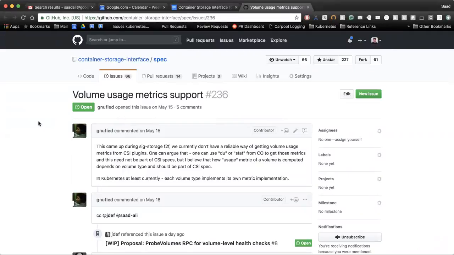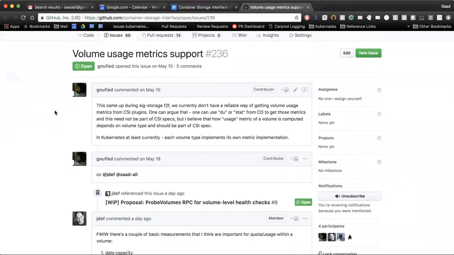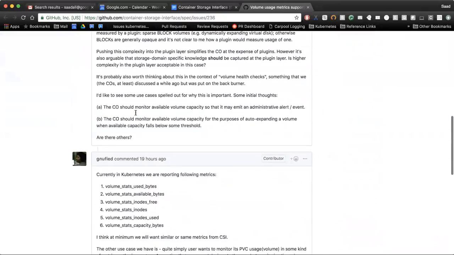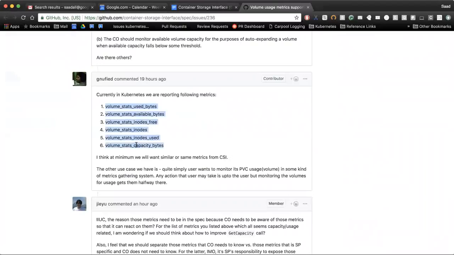I think the metrics that we are most interested in from the Kubernetes side are basically capacity stats: how much used, how much free, what the total capacity is for a given volume.